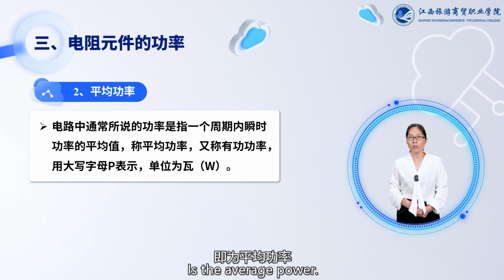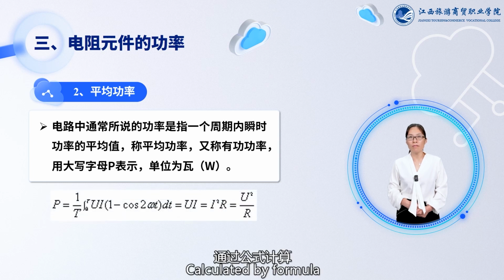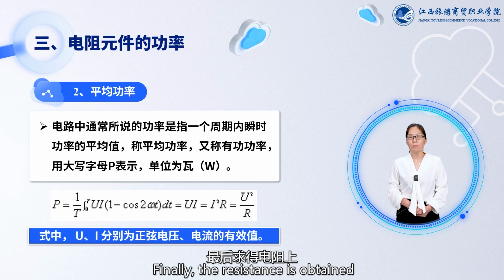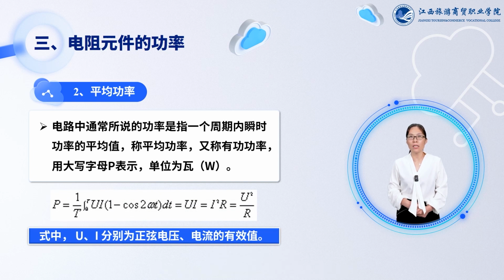Calculated by this formula, the resistance result is obtained.